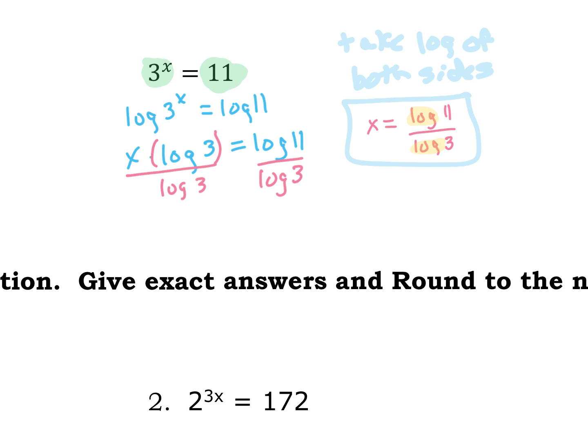So we are taking the log of 11 and then we are dividing it separately by this log of 3. So the notation is a little bit different. The tendency is for people, if they're going to make mistakes, to want to combine those together and say that that should be the log of 11 over 3. And it is not. So please be very careful with that. Okay? All right, onward.